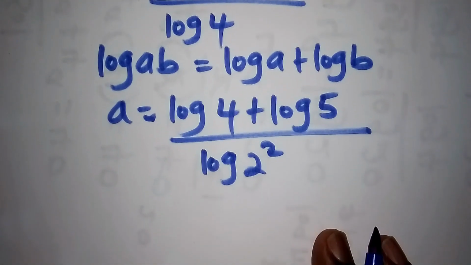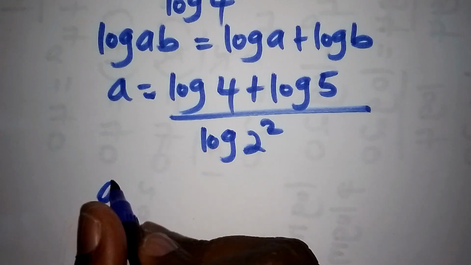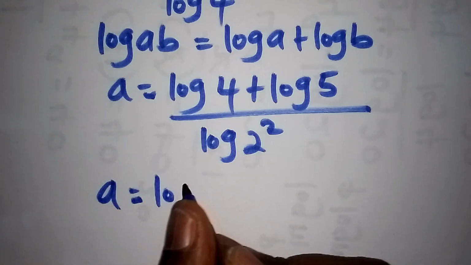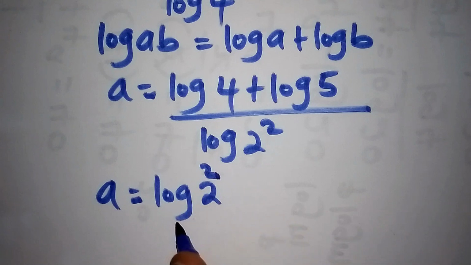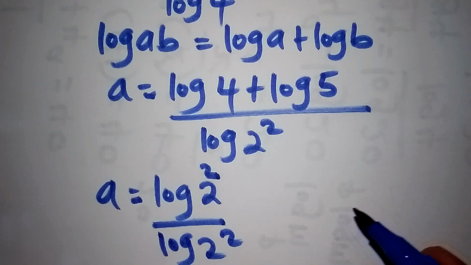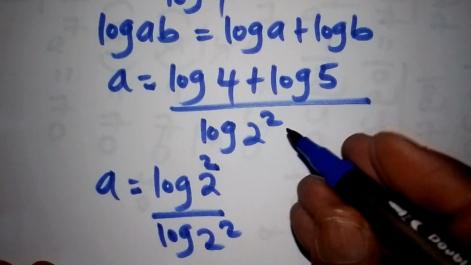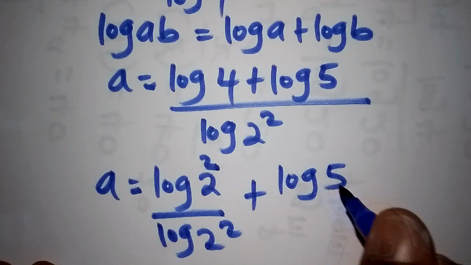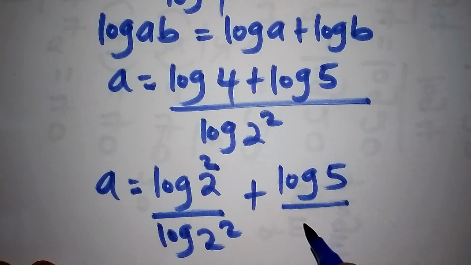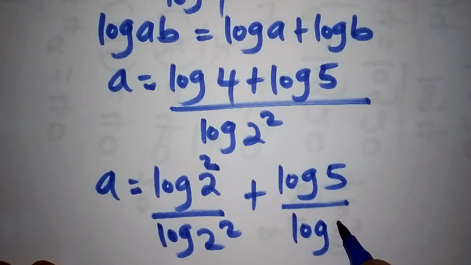So the value for a equals the log of 2 to the power of 2 plus the log of 5, all over the log of 2 to the power of 2.